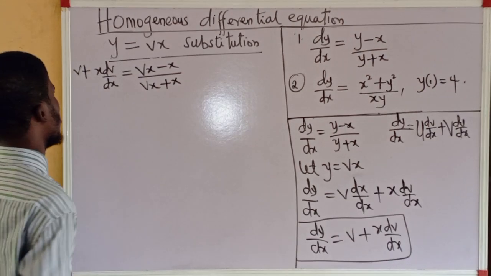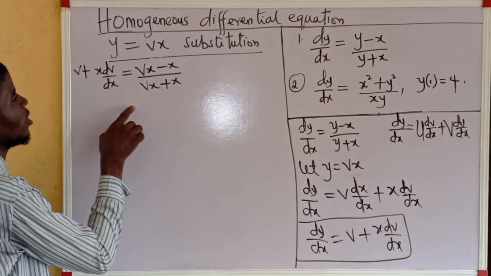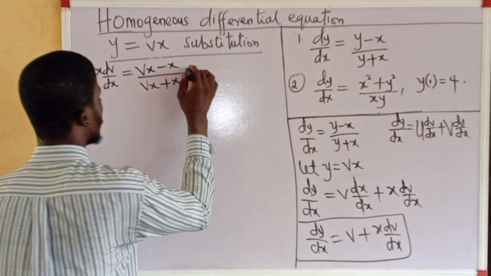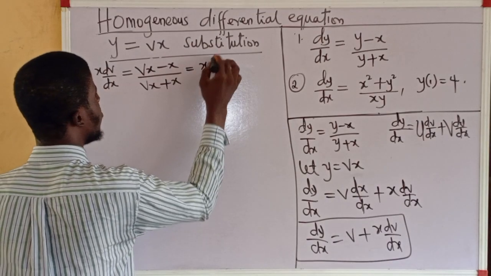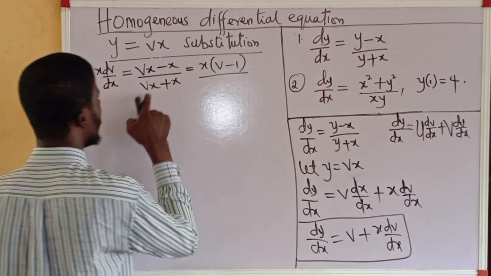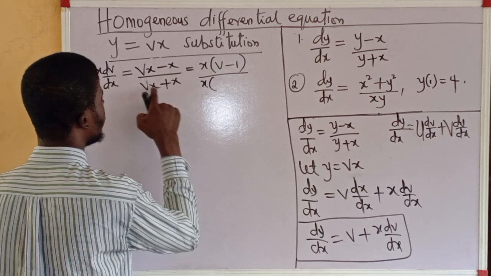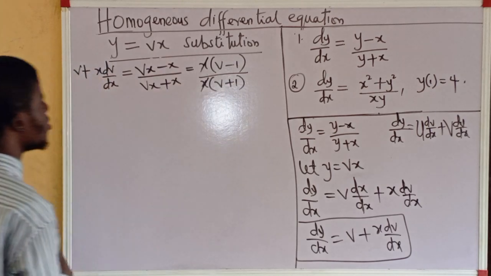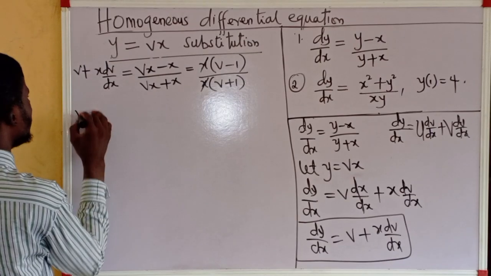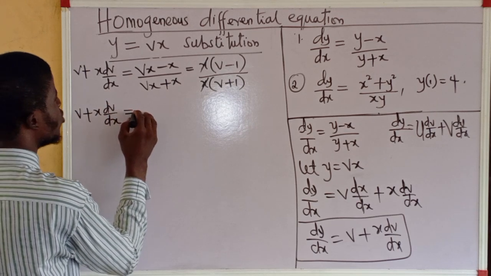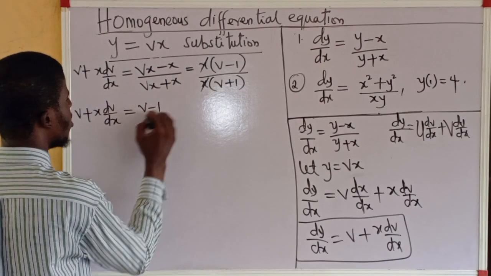So from here now, I can factor x out. I can say x will come out, we have v minus 1, divided by x will come out, we have v plus 1. So if x cancels x, we are left with v plus x dv/dx equal to (v minus 1) upon (v plus 1).